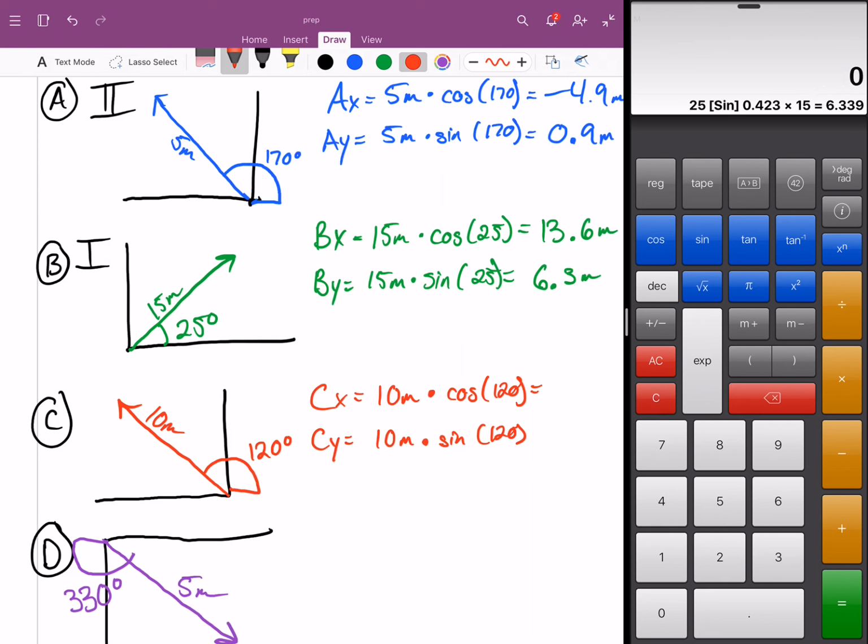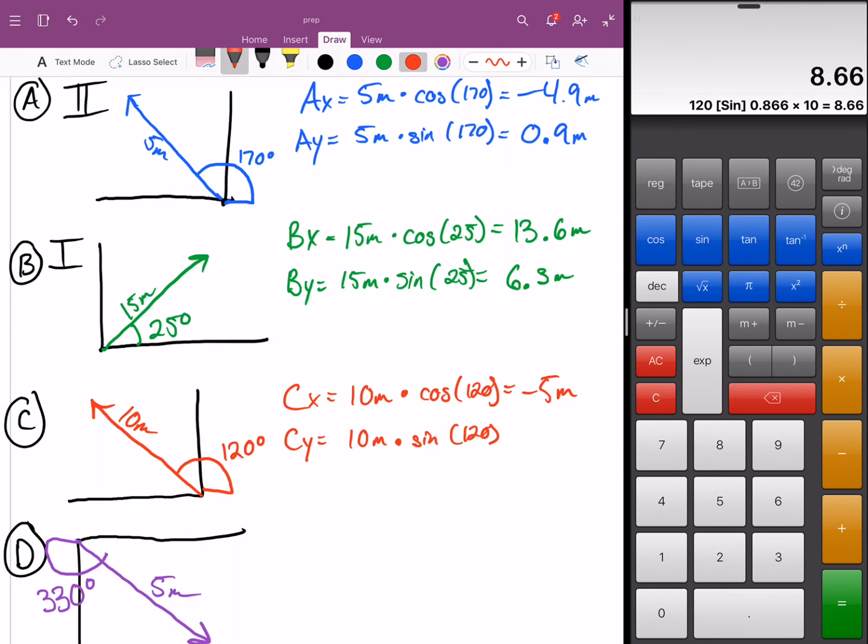Run through the calculator. 120 cosine times 10 is negative 5 meters. Then 120 sine times 10 meters, we'll call it 8.7 meters.